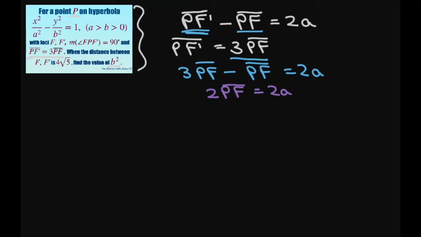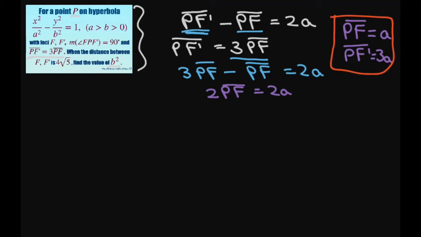Therefore, PF equals A. So we have the length of PF equals A. And if PF equals A, then that means PF prime equals 3A. So we'll look at that in a minute.